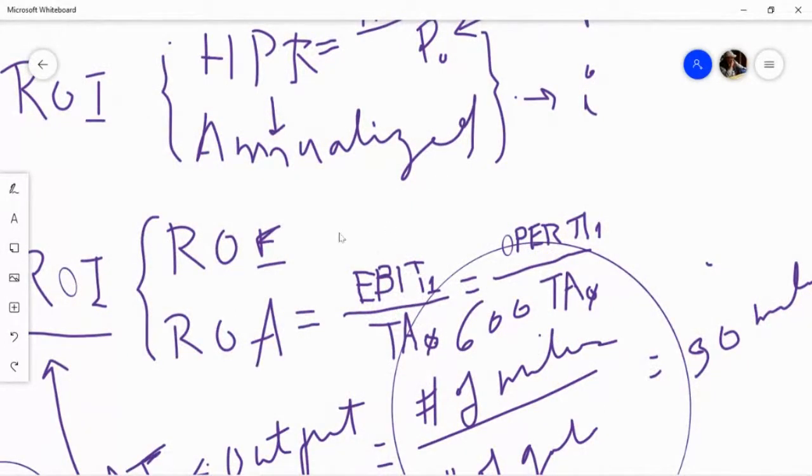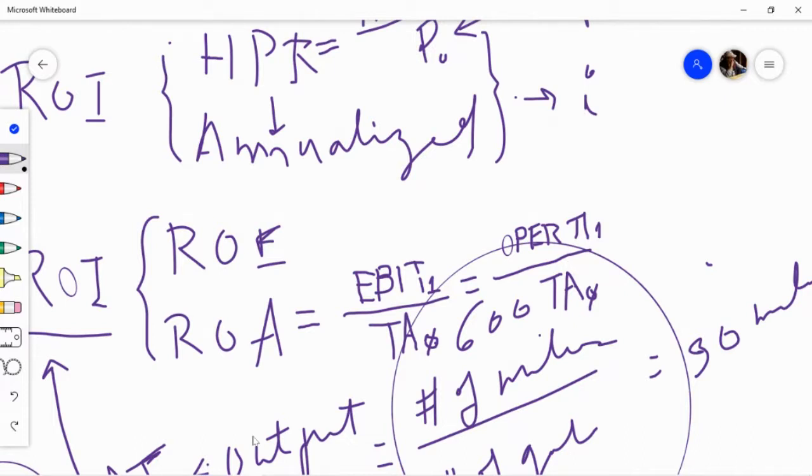And again, I'm telling you that for return on total assets, the appropriate output is operating profit, EBIT, not the net profit, because net profit belongs only to the equity holders or the stockholders, not to debt holders.